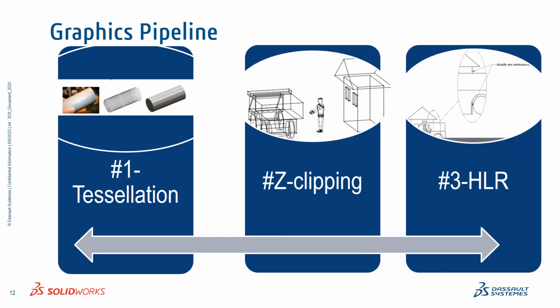First is tessellation. Tessellation means, if you see the top image, some rod or component, it looks like a physical component, like the first image on the screen. In our SolidWorks, what it does is create filled triangles.